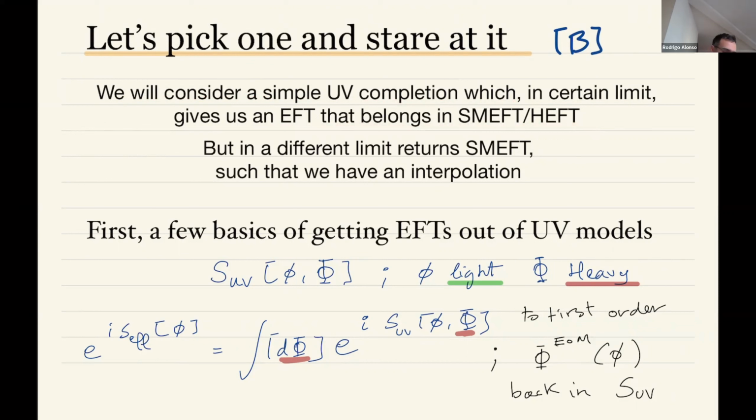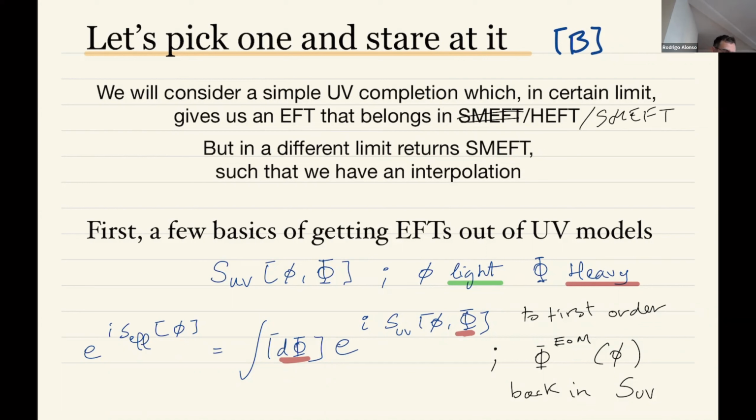Oh, this is the other way around, HEFT over SMEFT. But you know what I'm doing. And not only that, in a different limit, it will return SMEFT. So we can, with a single model, explore both possibilities, and that'll also be nice for phenomenology, because we only do computations sort of once, and then we examine two limits.